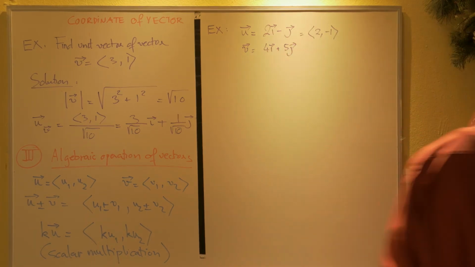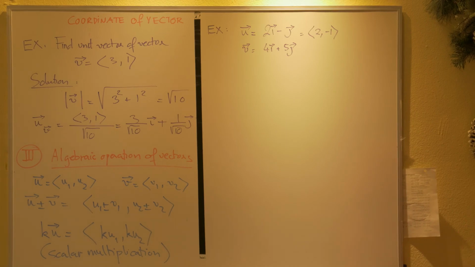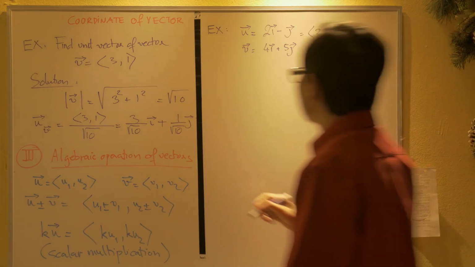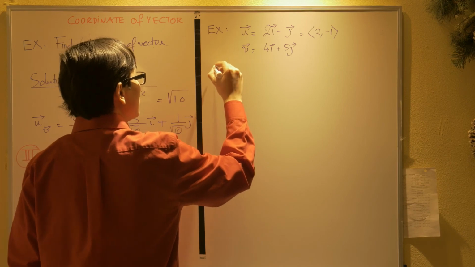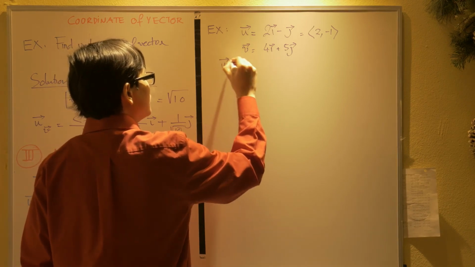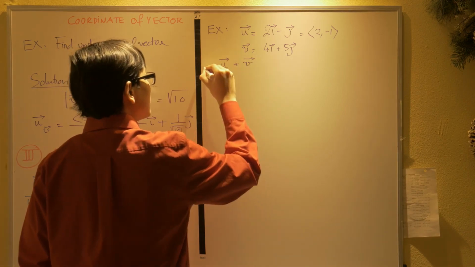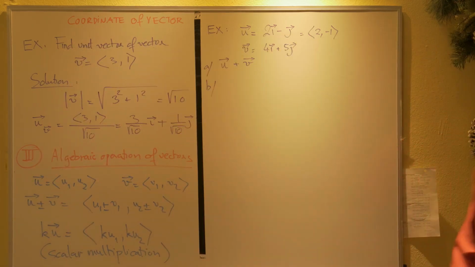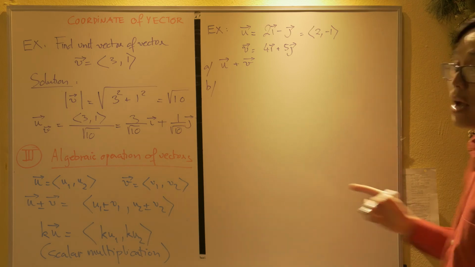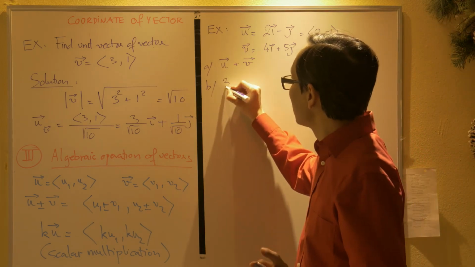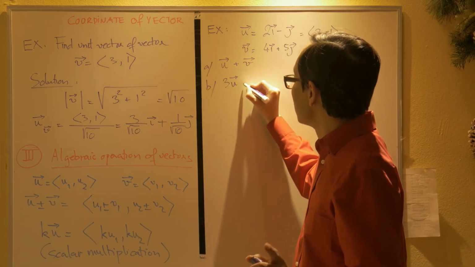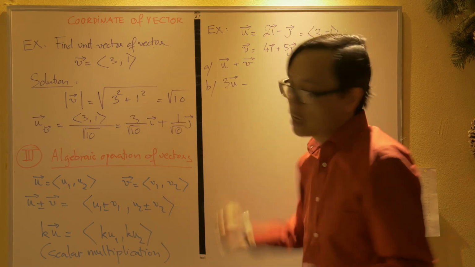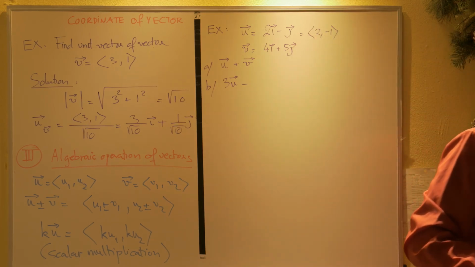Now I want to add these two vectors together. I want to find vector u plus vector v for part A. And for part B, I want to multiply vector u by 3 and subtract 2 times vector v.